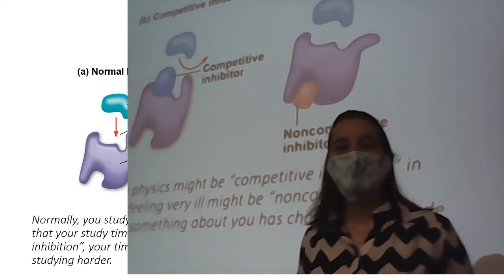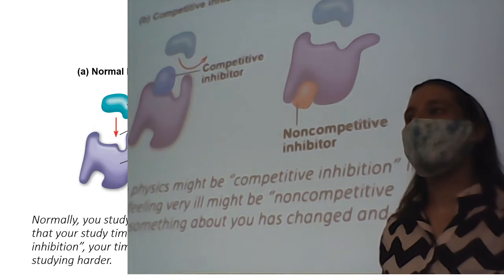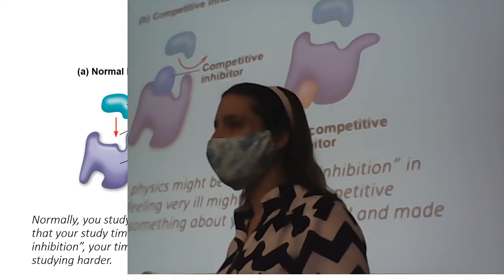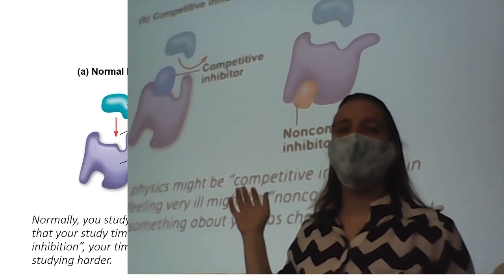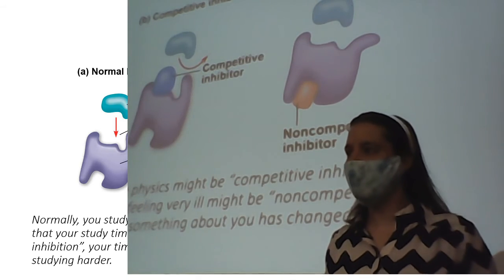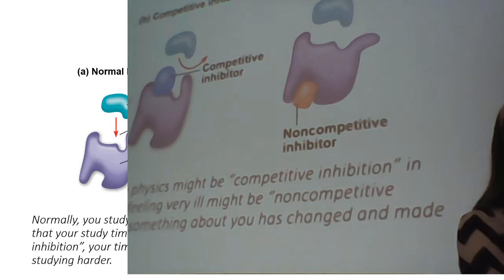With competitive inhibition, you can solve it, more or less, by just dumping a ton of substrate on it, because then every time this enzyme is looking for something, it always finds the substrate rather than the inhibitor, because there's just so much more of the substrate.